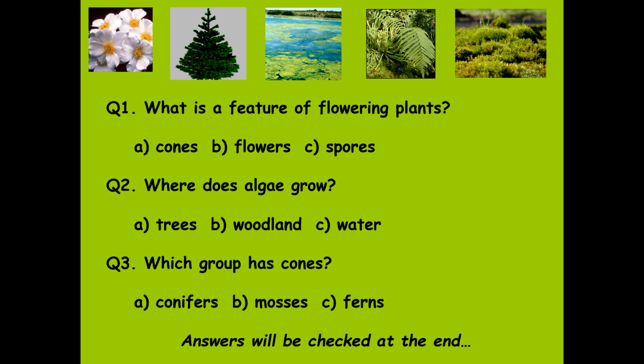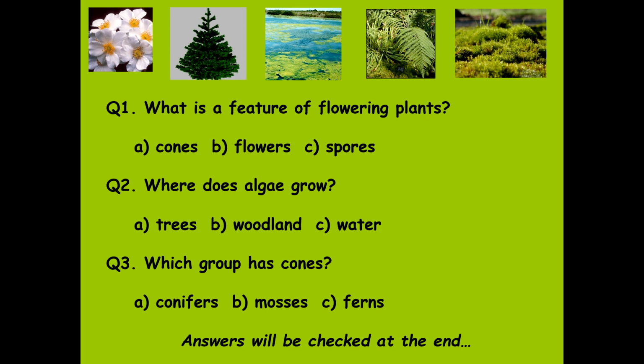Question number 1. What is a feature of flowering plants? Is it A, cones, B, flowers, or C, spores? All you need to do is write down A, B, or C on your piece of paper. Question 2. Where does algae grow? Is it A, on trees, B, woodland, or C, water?